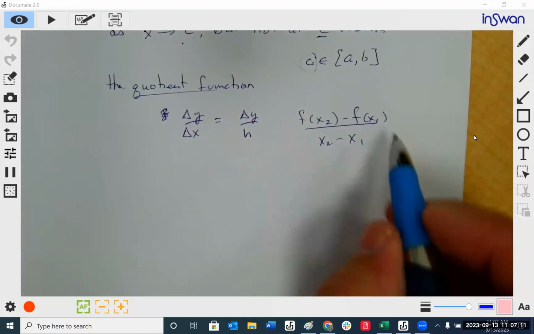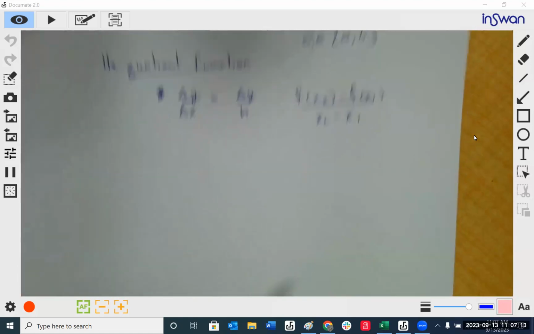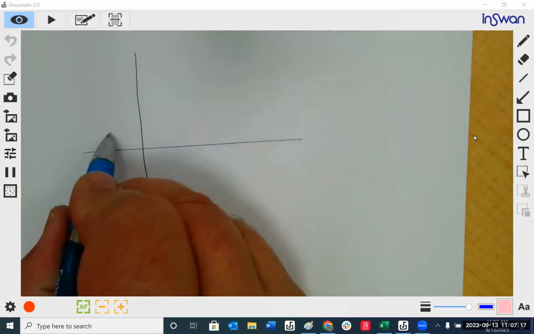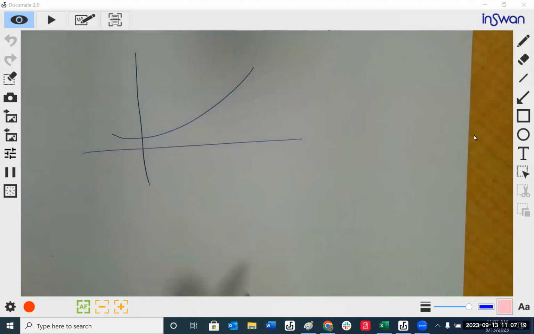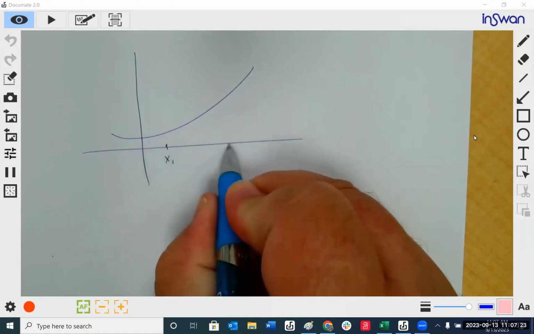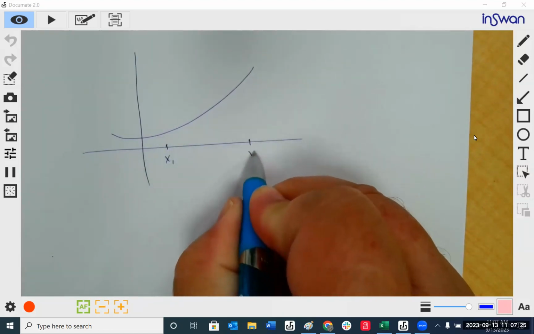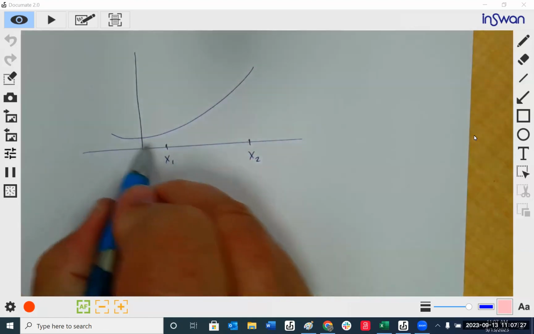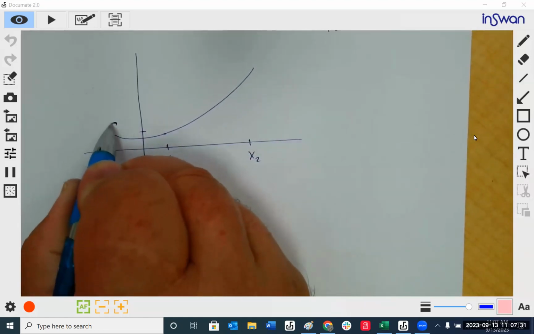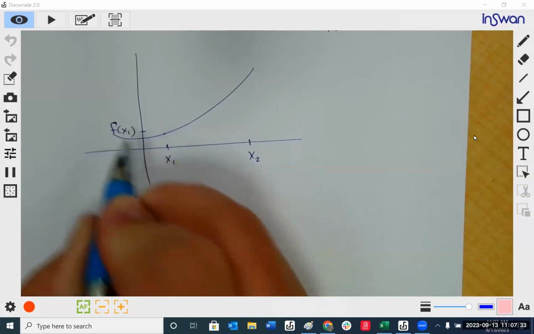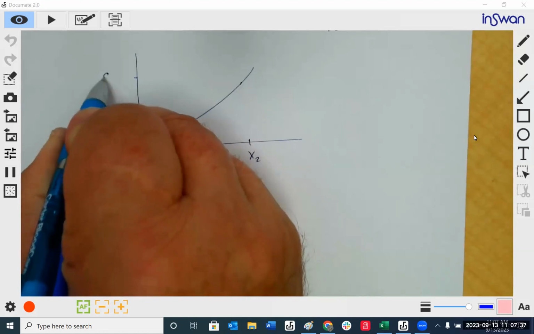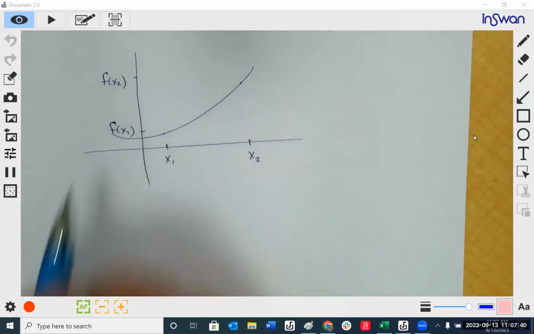So if we looked at a graph of any function, we have x1 here, we have x2 here, f of x1 there, and f of x2 there.